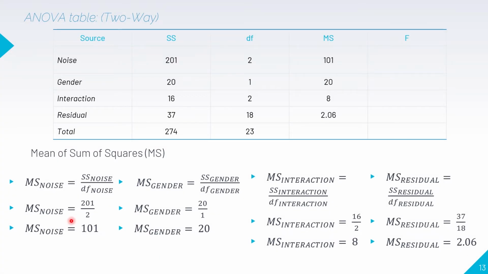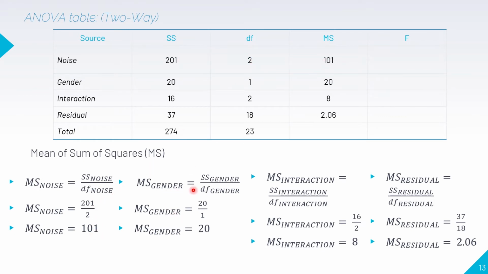Next, we need to find our mean sum of squares. In finding the mean sum of squares for noise, we just need to follow this formula: the sum of squares over the degrees of freedom. So we have 201 divided by 2, we have 101.